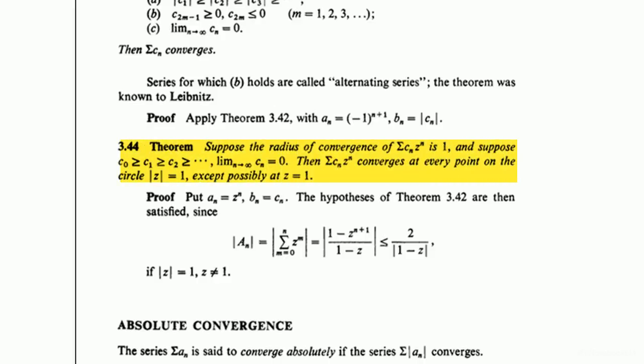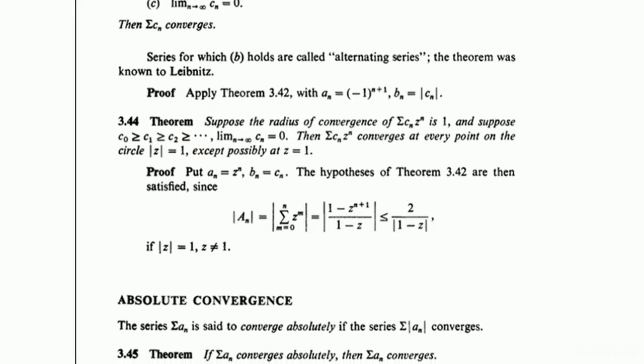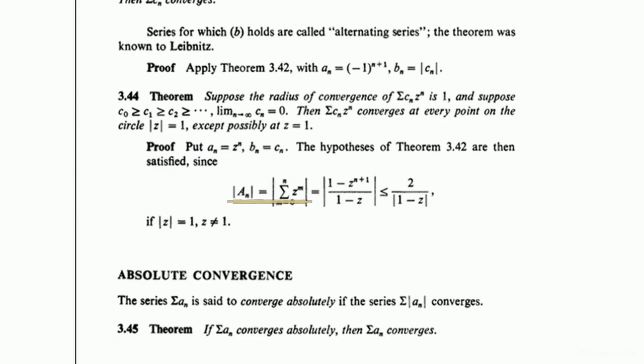Theorem 3.44 tests the convergence of a series containing a complex variable z, specifically looking at the boundary circle where the absolute value of z is exactly equal to 1. Think about how we just set up our balancing mechanism. If we define our decaying sequence b sub n as the coefficients c sub n and our alternating sequence a sub n as z to the power of n, how do we use the geometric series formula to find the bounded partial sum, capital A sub n?